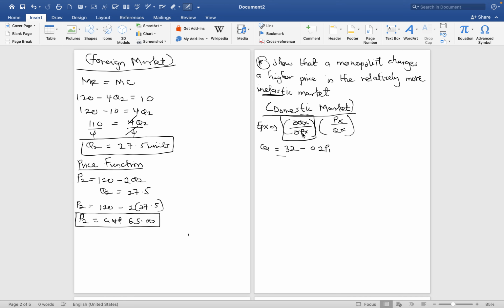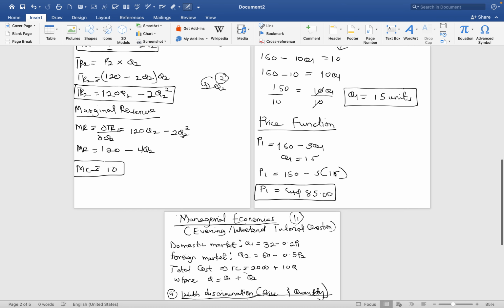What you have to do is come to the price side of this function, then pick the number attached to the price. This is P1, so the number attached to the price is minus 0.2. So the whole of this will be minus 0.2 times. With the domestic market, what was our price and quantity?